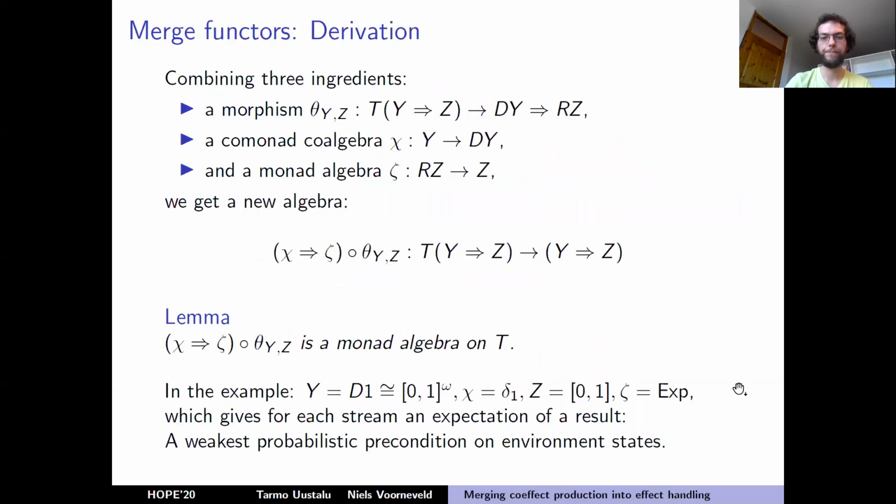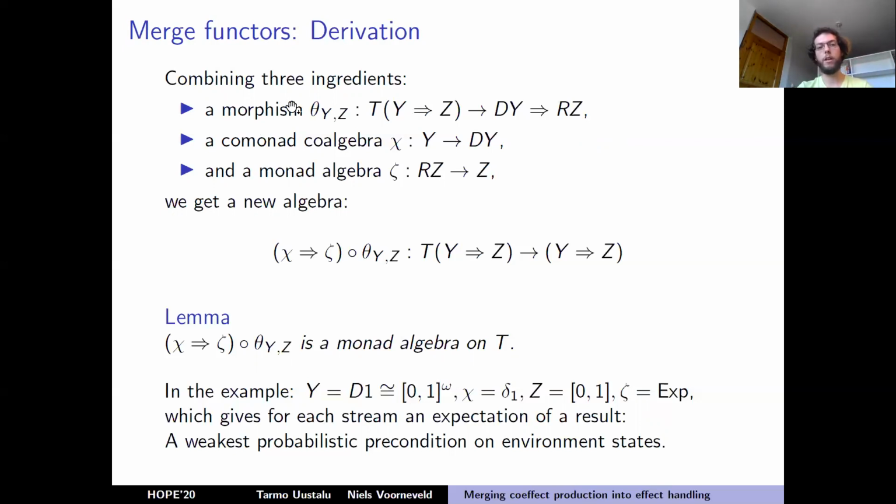All right. So now, when I started this talk, I said that the focus of this talk was what happens if we take this interaction law and actually specify both what we do with the residual effects and how we can extract the coeffectful behavior from the environment state.